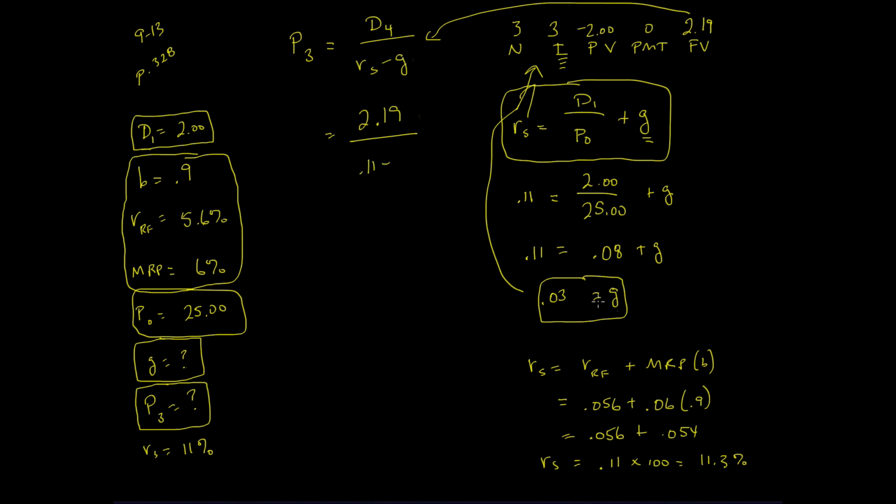G is 0.03. So I'm left with 2.19 divided by 0.11 minus 0.03, which is 0.08. And 2.19 divided by 0.08 is $27.38. That is P sub 3.